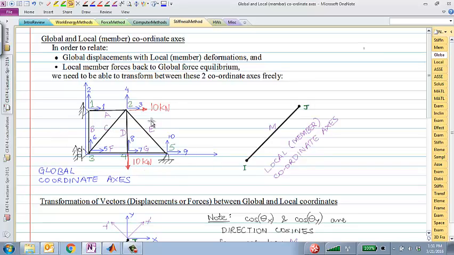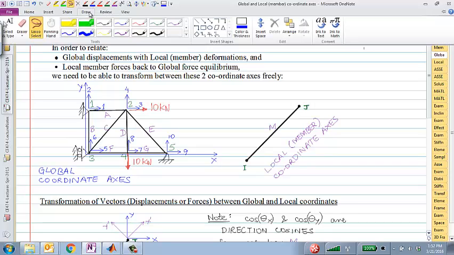So just an X, Y global coordinate system. This global coordinate system we will use to sum up all the forces from all the truss members. You remember the way we are going to do it is find force displacement relationships and sum them up in a global coordinate system.